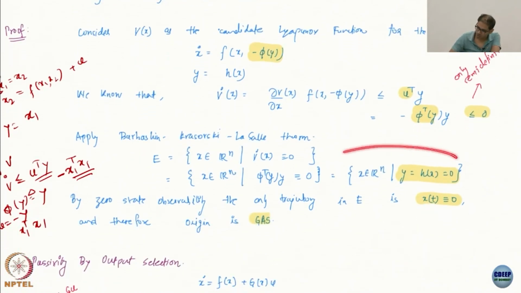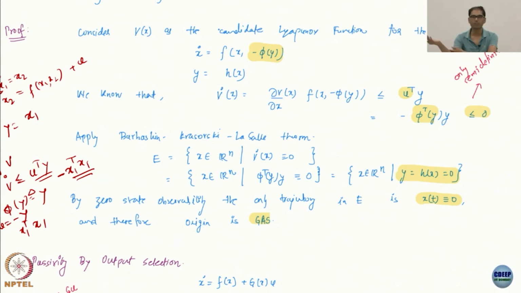So, on this set control is 0, which means we are already looking at the uncontrolled system, and we already know by the 0 state observability assumption that for the uncontrolled system only the trivial trajectory is inside here, nothing but the trivial trajectory. So, we are done.